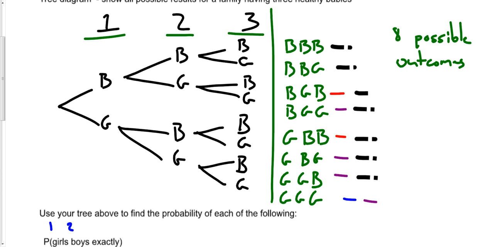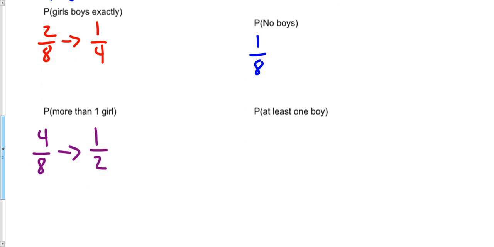And in the last example, there are no boys. So in 7 of the 8 possibilities, we end up with at least one boy. Okay, so using a tree diagram is a great way to model out and map the possible outcomes that you can get in theoretical probability.